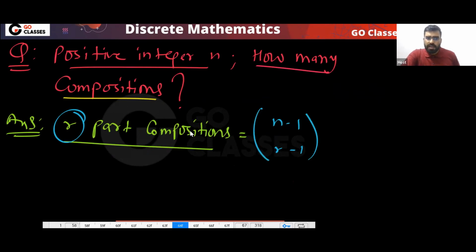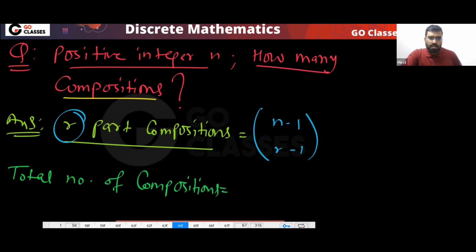Yes or no? And this r is going from where to where? Because I am asking how many compositions in total. Remember, here this is an r part composition, total r parts you have. Now I am asking the total number of compositions, so this r can go from where to where?